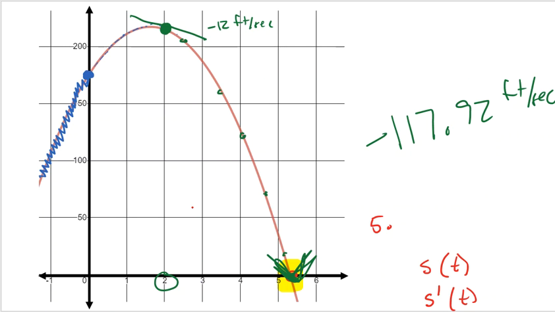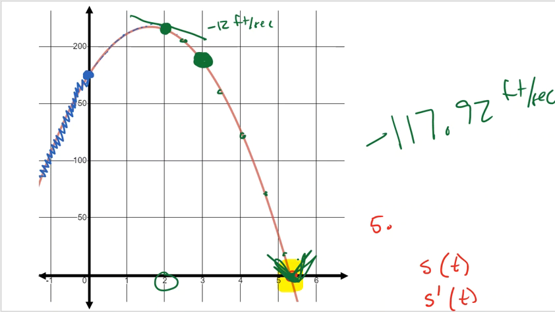So let's talk about 3, for example. If I say, all right, at 3 seconds, right here, how high am I above the ground? Well, you simply plug 3 into the original position function, and you'll get the height above the ground. Looks to be maybe about 180 feet, somewhere around there.